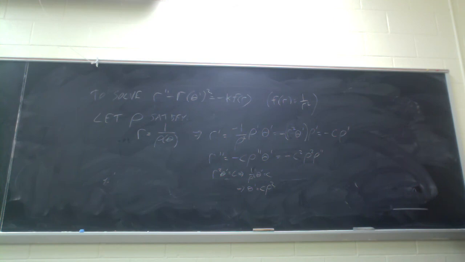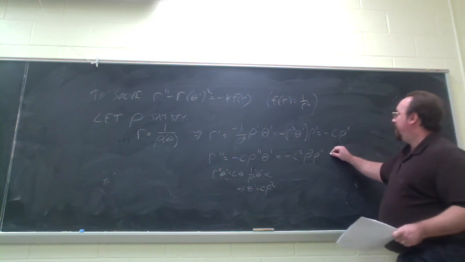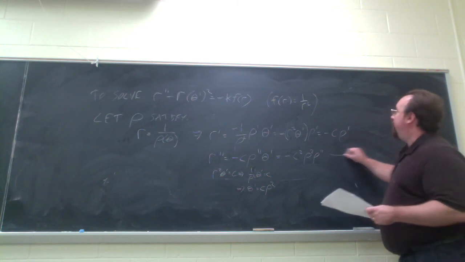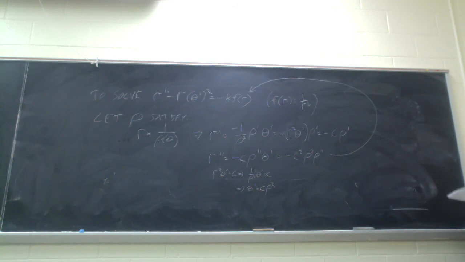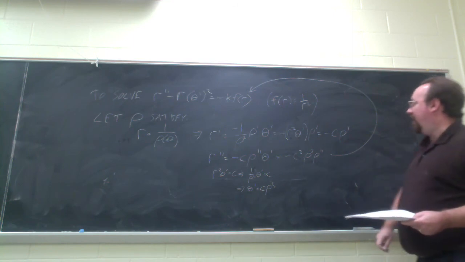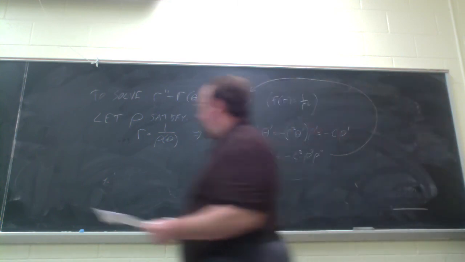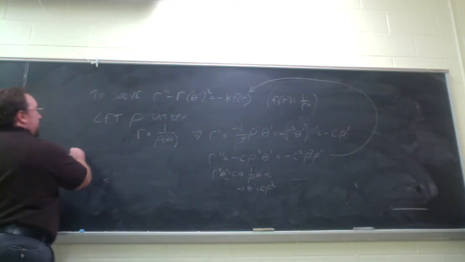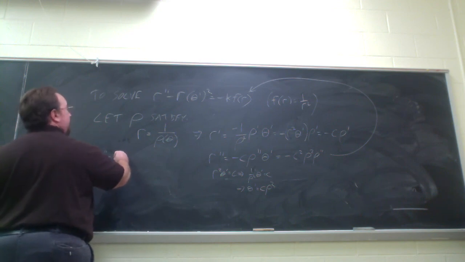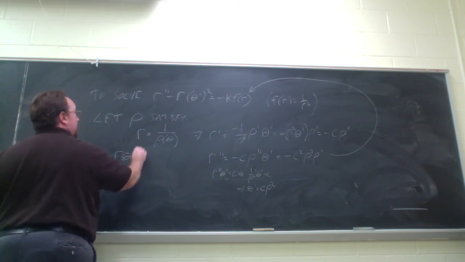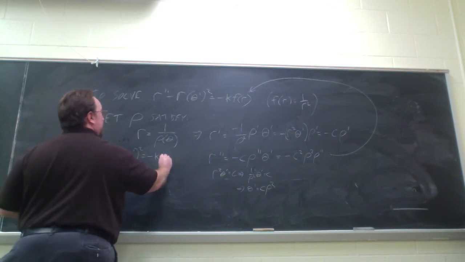So now I can use this in this equation. The idea is I want to get an equation in terms of rho. So now I have minus c squared rho squared rho double prime minus r theta prime squared is equal to minus k f of r.